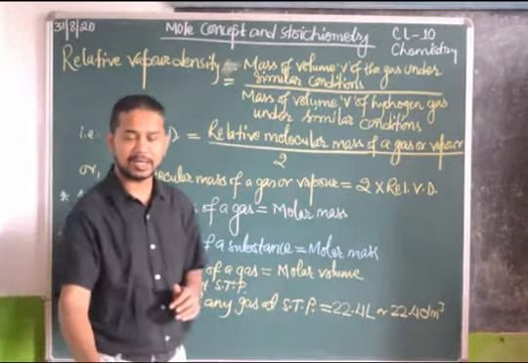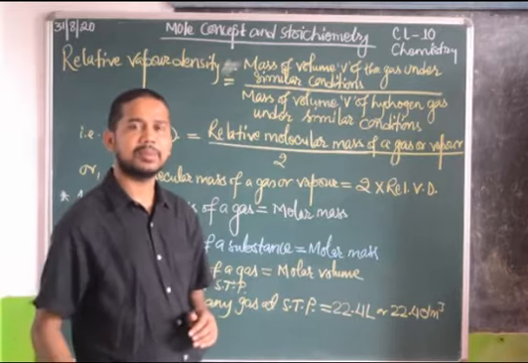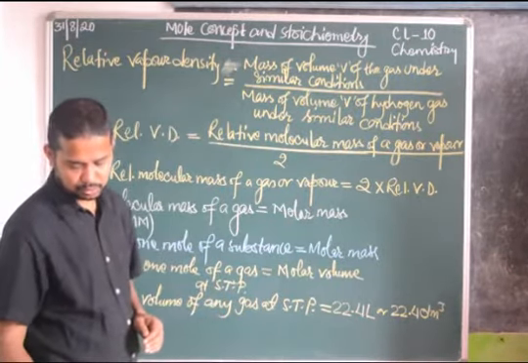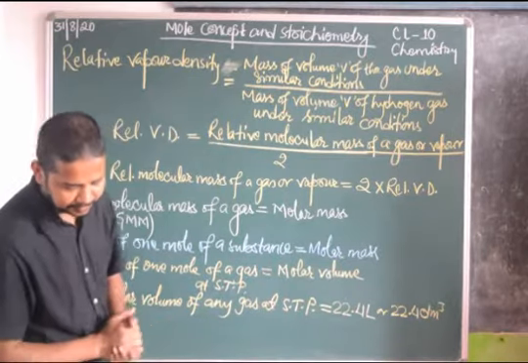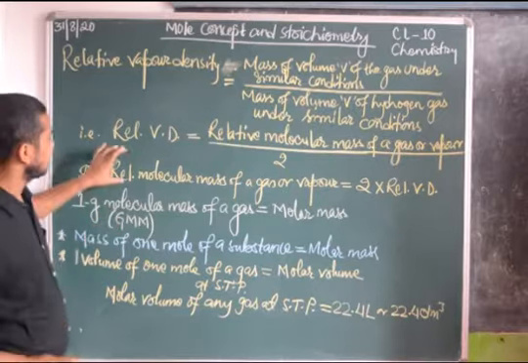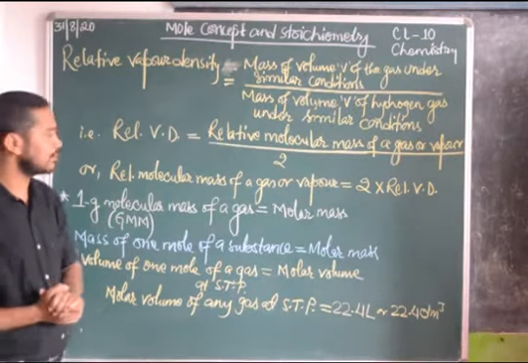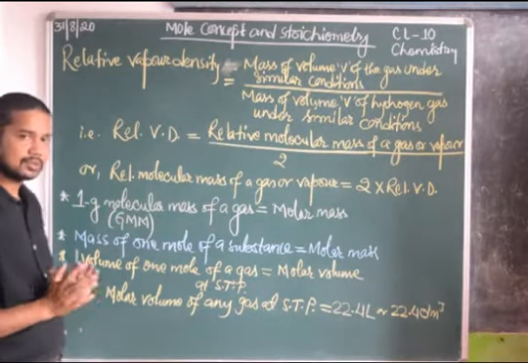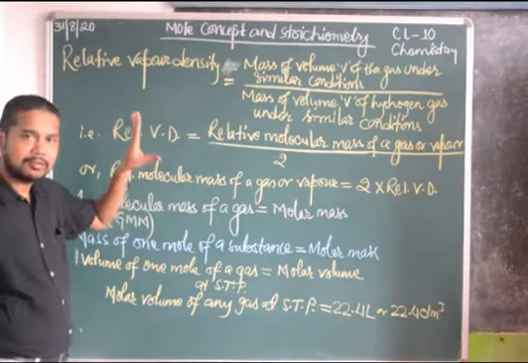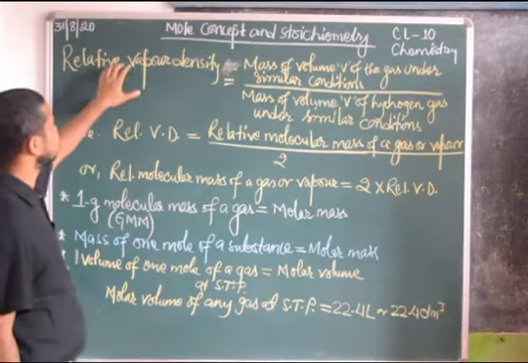That means if you multiply relative vapor density by 2, you will get the relative molecular mass of a gas or vapor. The definition I gave you in the first class, but you can write it this way also.